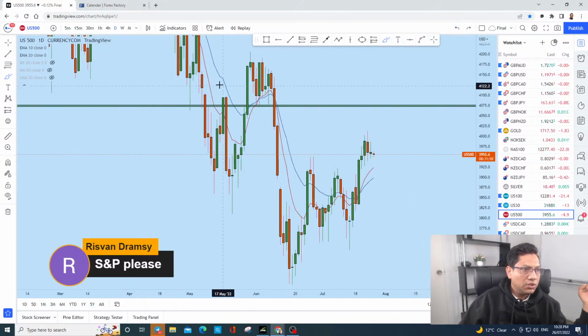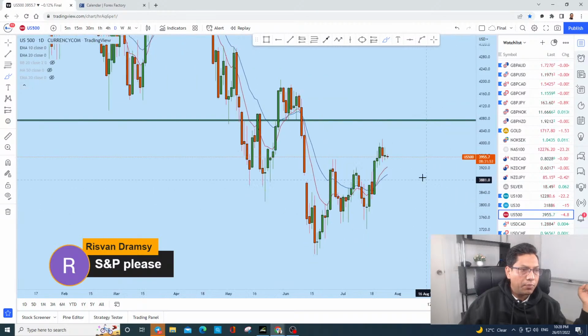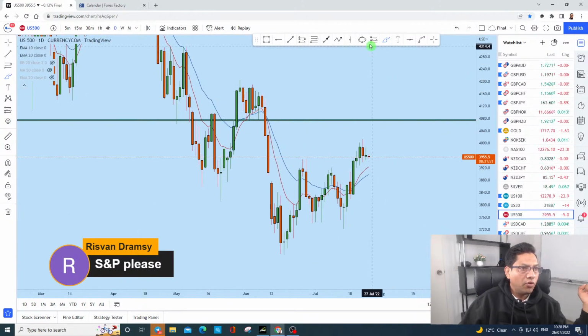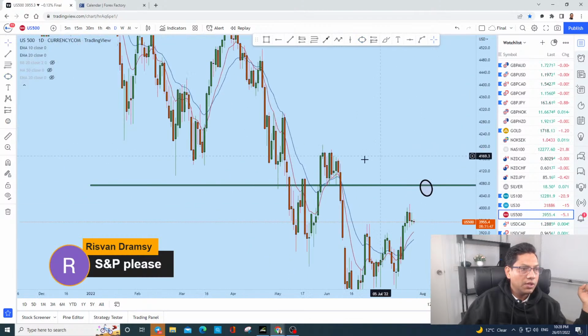Because it's a long-term bearish market, my approach will be for the price to come here. Why? Because you see that there is a clear head and shoulder here, and then it has broken down.